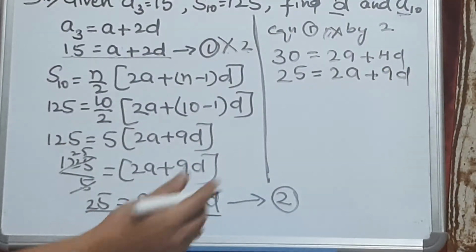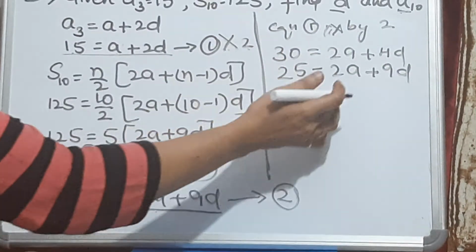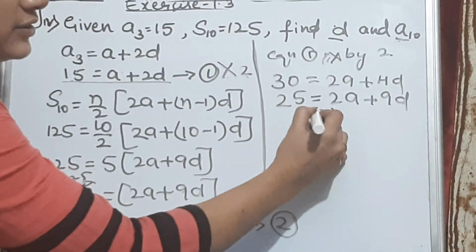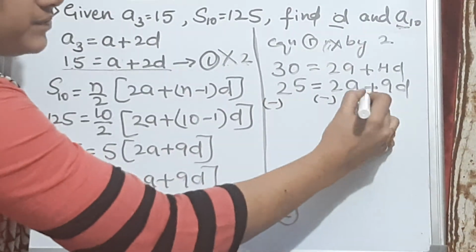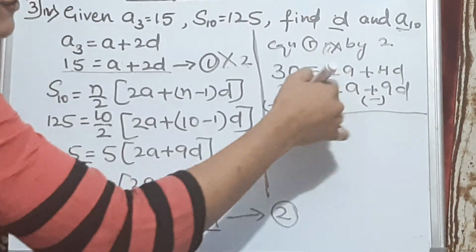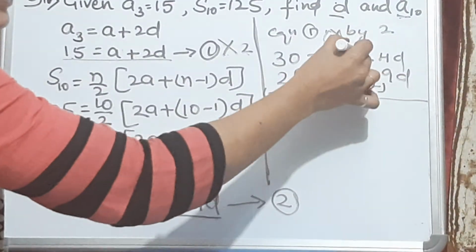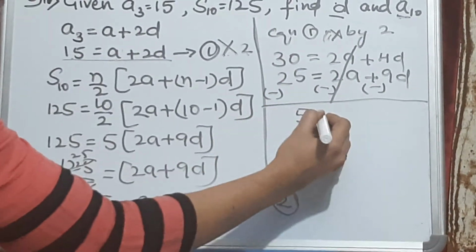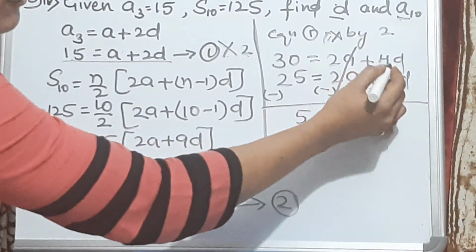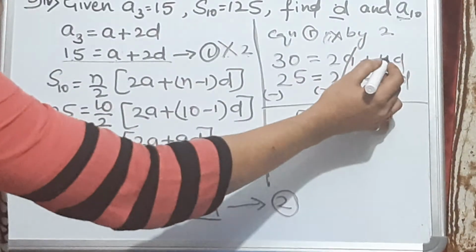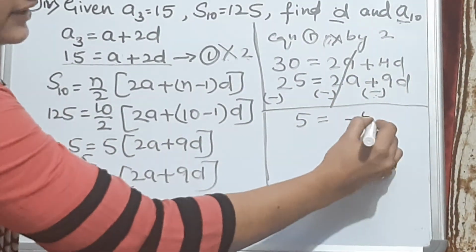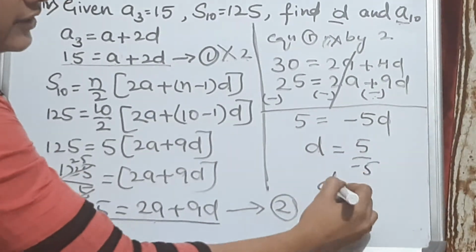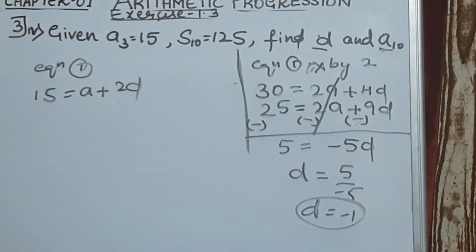Now we have to cancel, so we subtract. If you subtract this equation, the 2A cancels. 30 minus 25 is 5, and 4D minus 9D is minus 5D. So 5 equals minus 5D, so D is equal to minus 1.